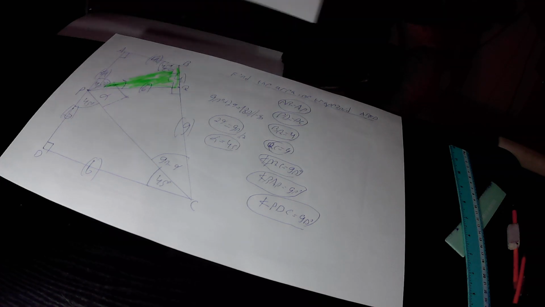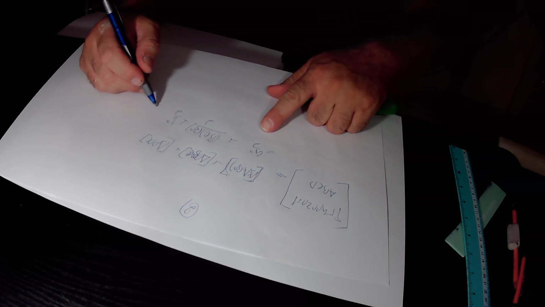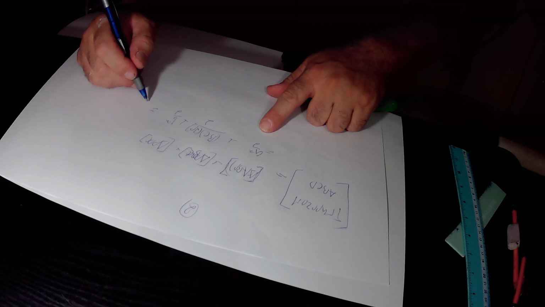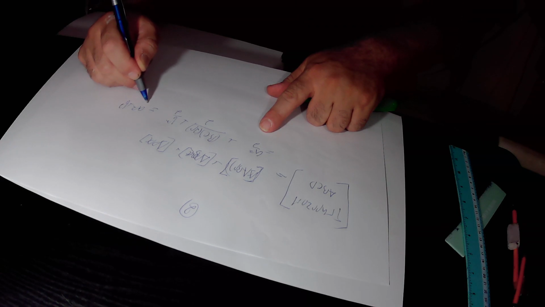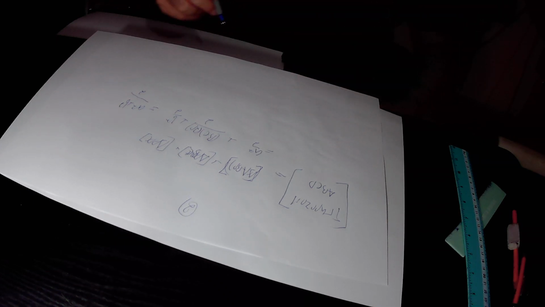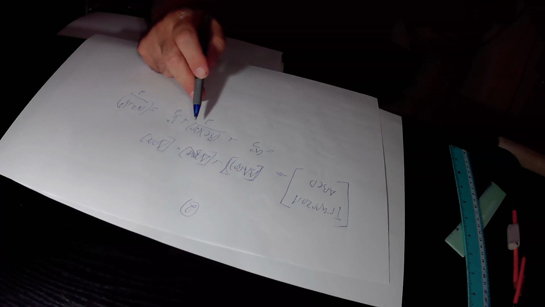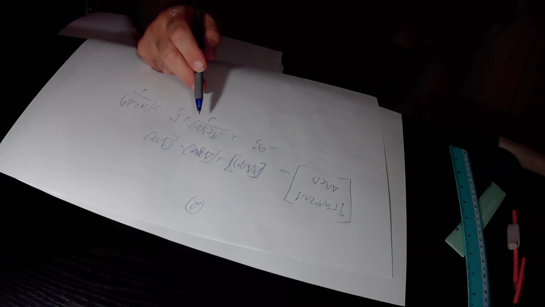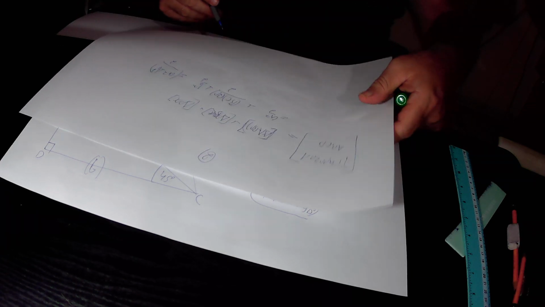So in total, we found out that the area of trapezoid ABCD is equal to A squared over 2 plus B squared over 2, which is A squared plus B squared over 2, plus the area of the big right triangle PBC.